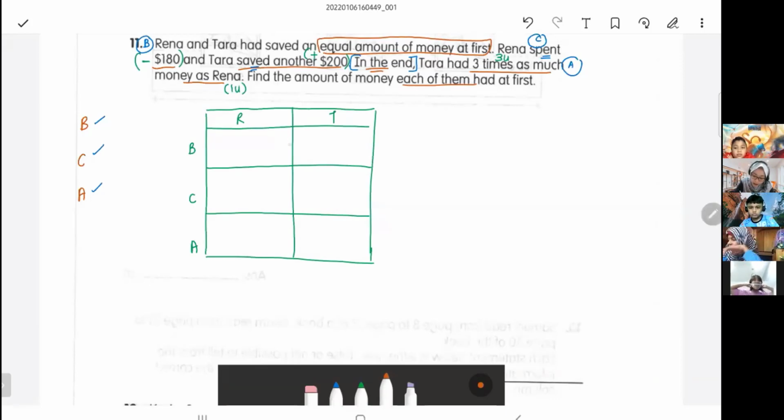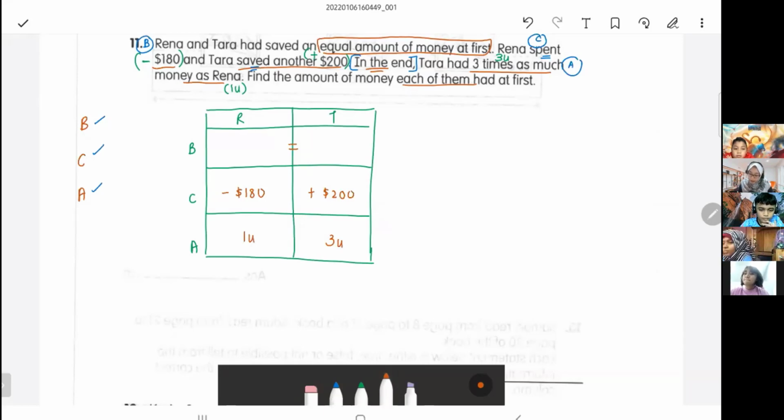All I know is Rina is equal to Tara, like that only. Then for my change, Rina spent $180. Tara saved another $200, right? Then in the end, or my after, Tara has 3 units and Rina has 1 unit.